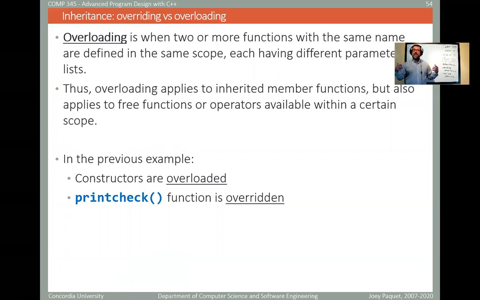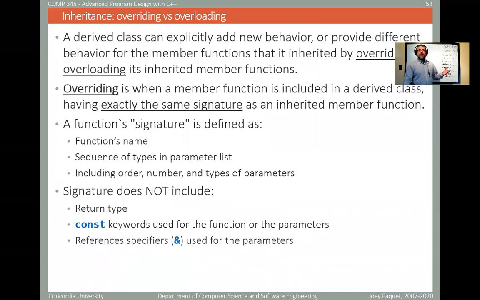Basically, you're creating different versions of constructors. So in the example, the constructors are overloaded, whereas the print check function is overridden. Why? Because the constructors have different parameter lists, and the print check function has exactly the same signature as the one above and below.